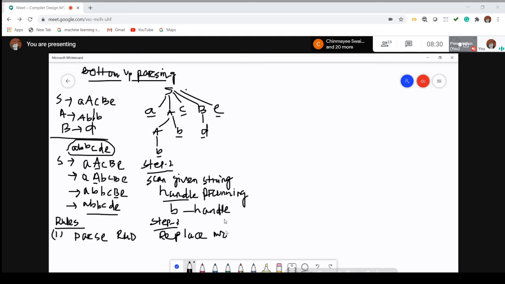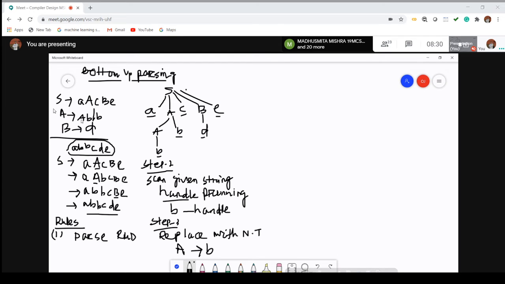Now you have chosen the handle equal to B. So which non-terminal symbol is associated with B? A is associated with B. That means A is to be replaced in place of B in the productions.